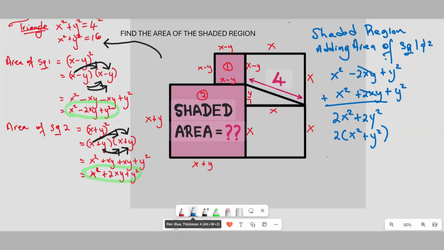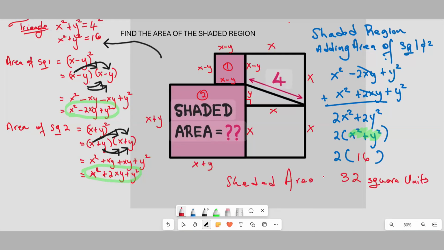So right here, we could substitute 16 for x squared plus y squared. So I'm getting 32 square units. So this is my shaded area. The shaded area is equal to 32 square units.